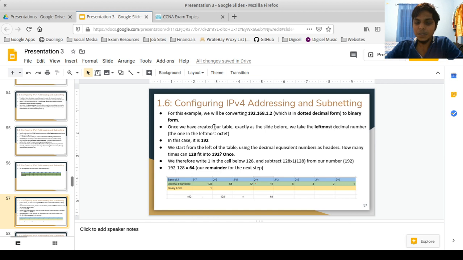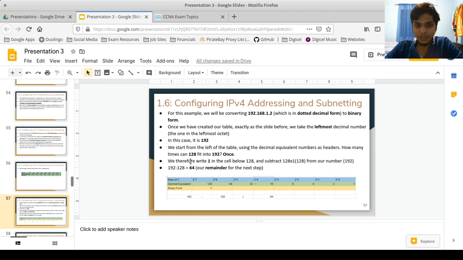Once we have created our table, exactly as the slide before, we take the leftmost decimal number, the one in the leftmost octet, which in this case is 192. We take it first, and we start from the left of the table, using the decimal equivalent numbers as headers, right?